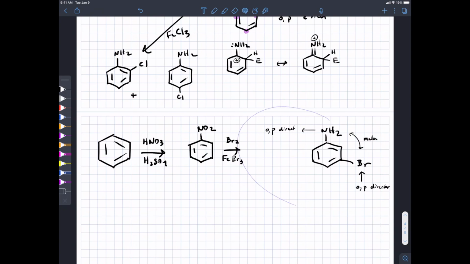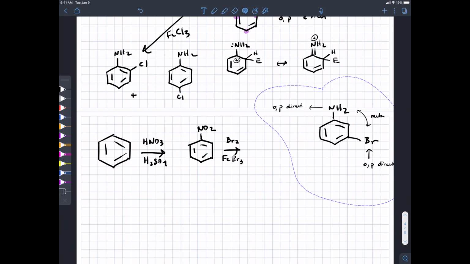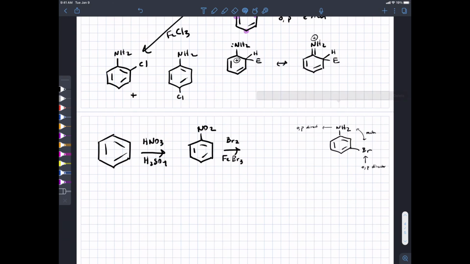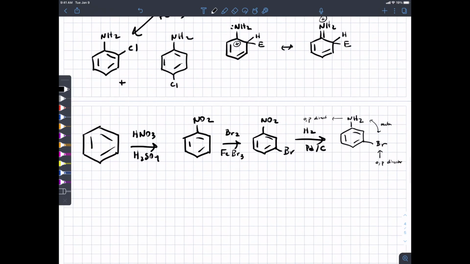Running out of space again. Then, after we get to the meta nitro bromo benzene, we could use hydrogenation over palladium on carbon to reduce the nitro group to the aniline, and there we've got our solution.